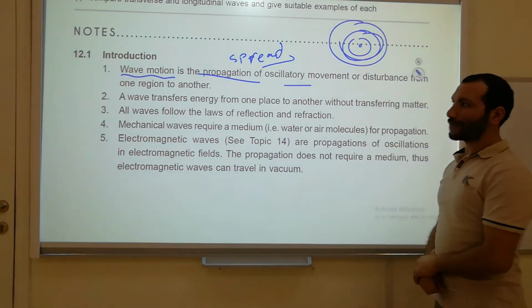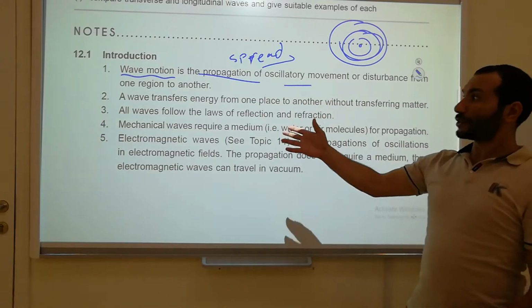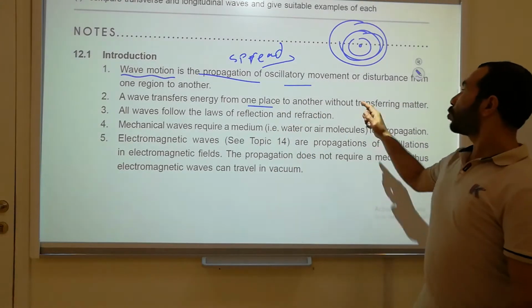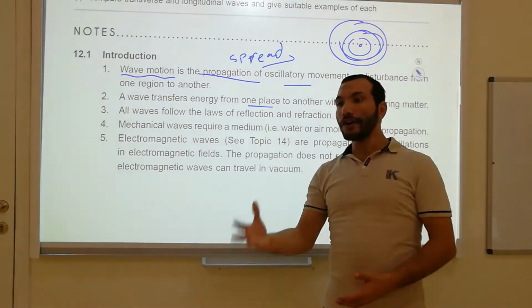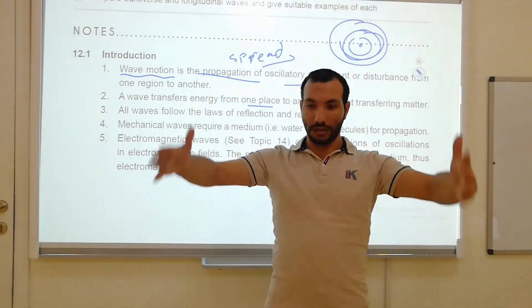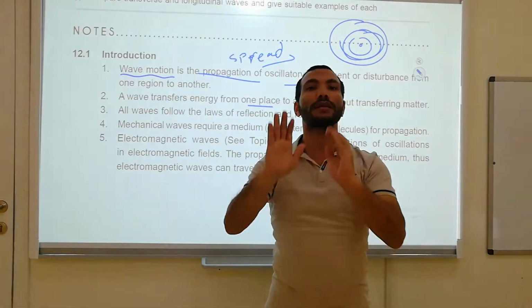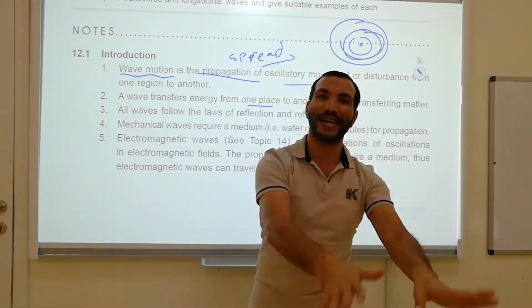Number two, a wave transfers energy from one place to another without transferring matter. It means that if this wave happens, the particles will vibrate, but the particles stay at the same place.